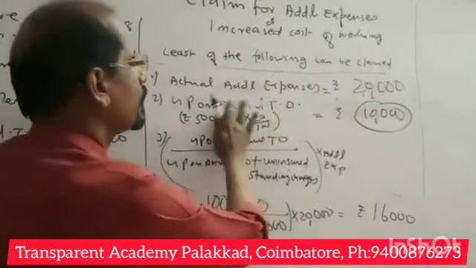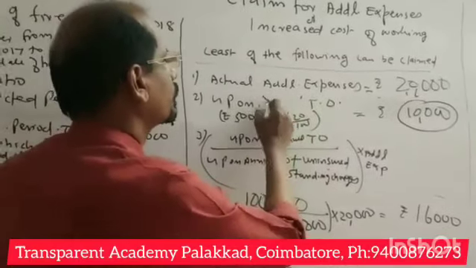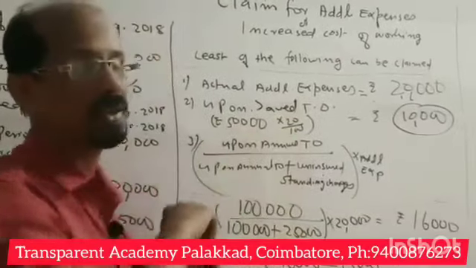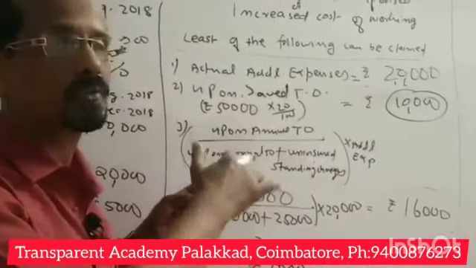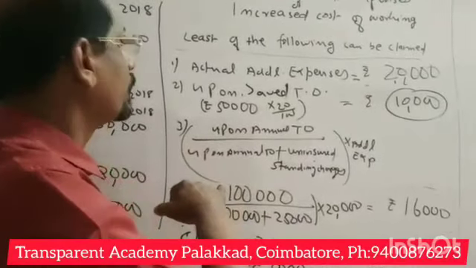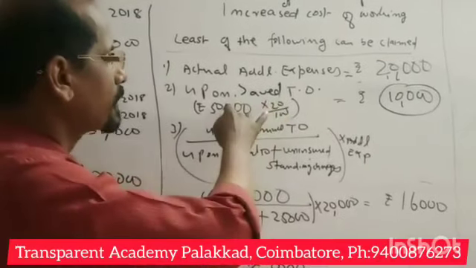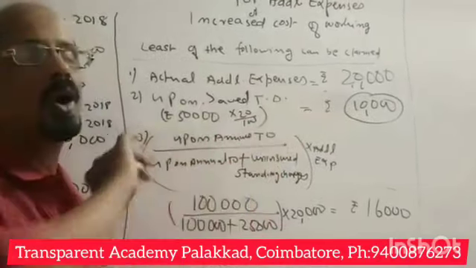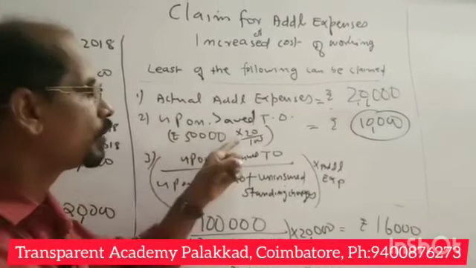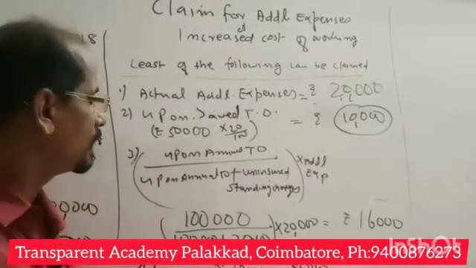What do you mean by GP on saved turnover? The saved turnover, the turnover saved because of the additional expense, is 50,000, and 20% of that 50,000 is 10,000. That is the GP on saved turnover: saved turnover into GP ratio, 10,000.